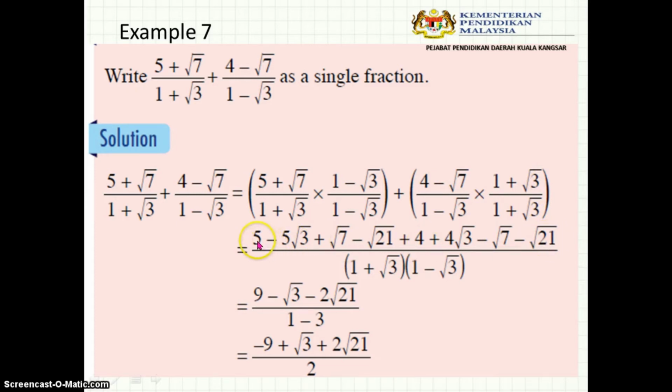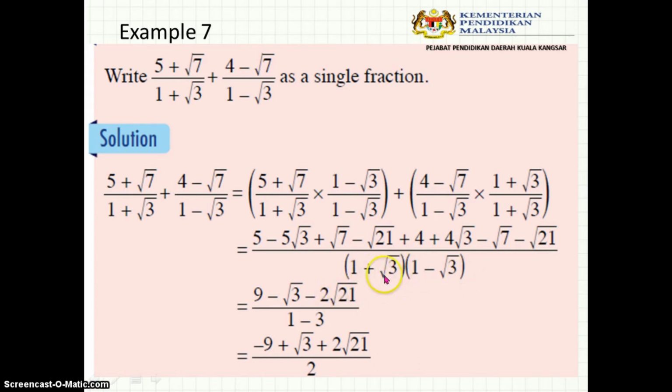So we group the numbers: 5 plus 4 equals 9. Negative 5 surd 3 plus 4 surd 3, negative surd 3. Plus surd 7 minus surd 7, no more. Negative surd 21 minus surd 21 equals negative 2 surd 21.